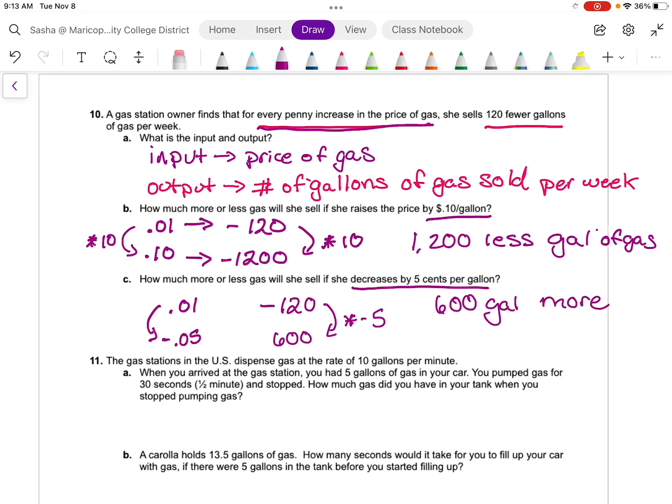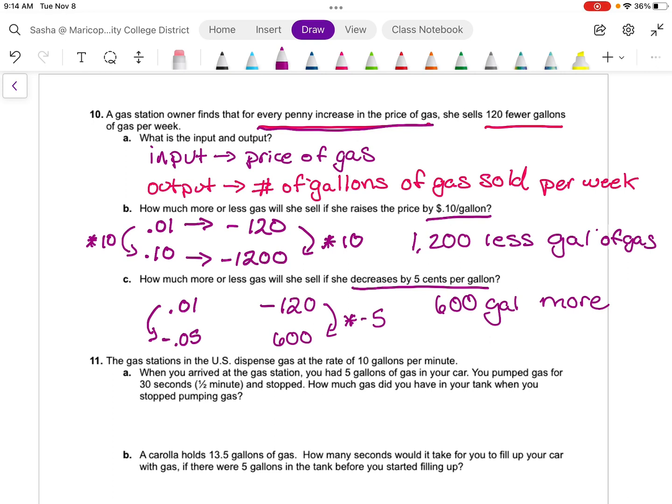This is just looking at rates of change and thinking about that constant rate of change. I could have gone through and just added 120. If you normally decrease 120 for each cent, then if we decrease each cent, we go in the reverse direction, and I could have added 120 five times.